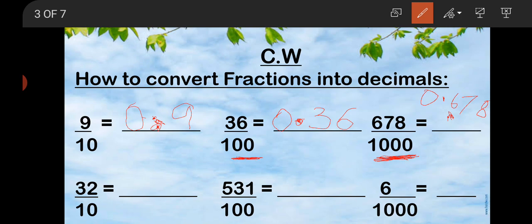So 0.678. You can see here the number of digits after point are 3 and the number of zeros in the denominator are also 3. So it means our answer is correct. I have solved 3 questions for you and you have to solve the remaining parts by yourself.